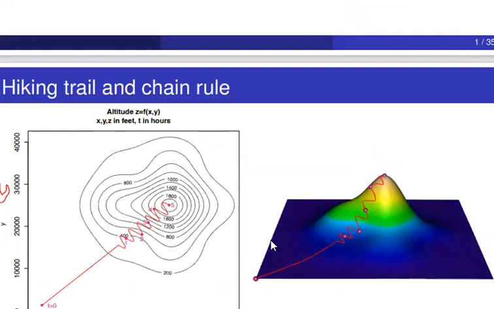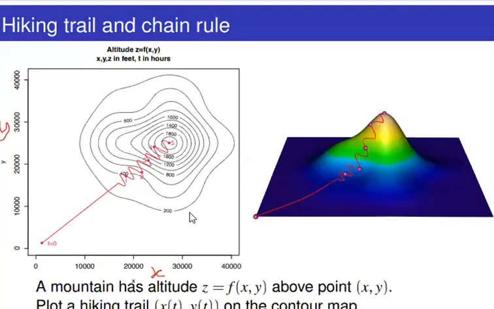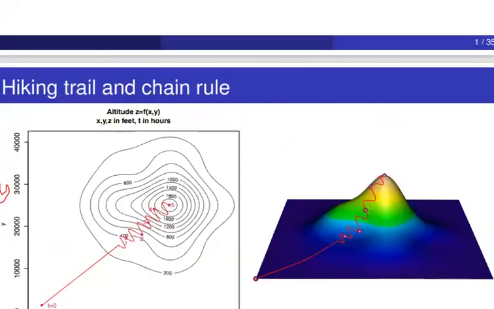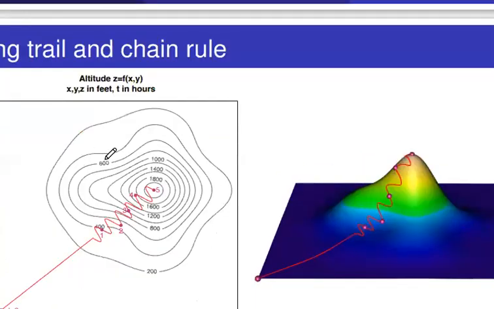If you cut this mountain, let's say this is your mountain, if you slice this mountain from different heights, you get something like a contour map. Remember when you deal with maps, this is the height of the mountain. At this height, I slice the mountain, then you get this shape, this contour.